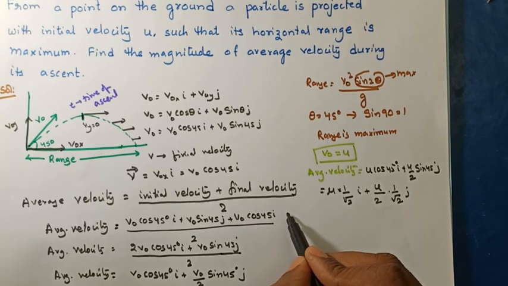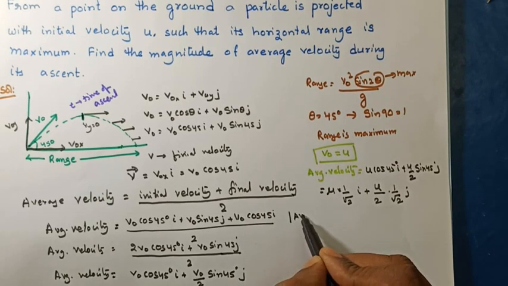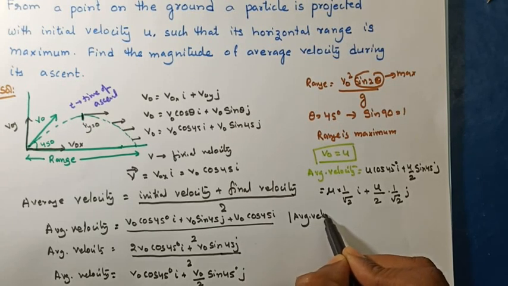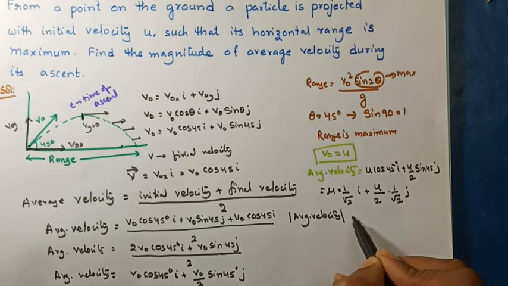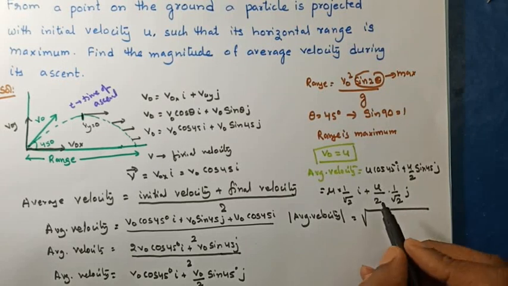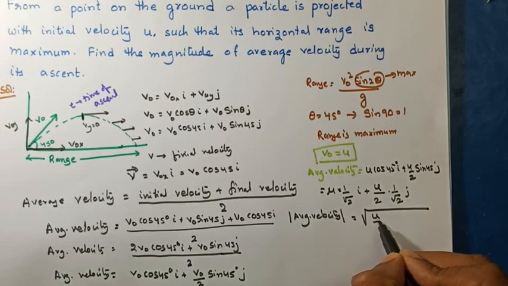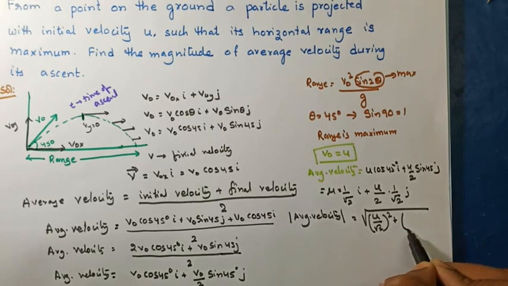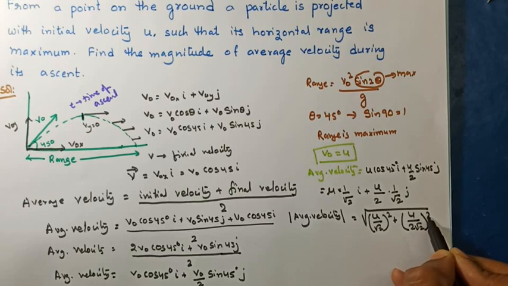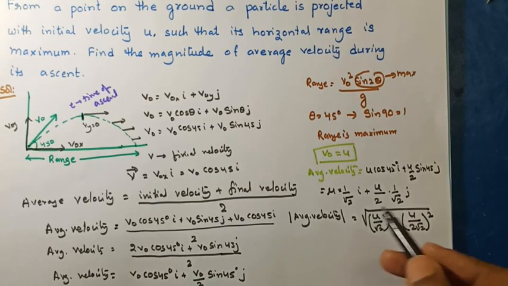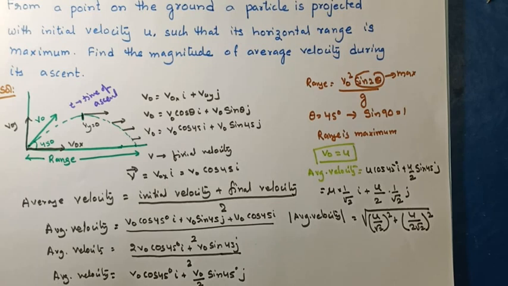How to find the modulus of the average velocity? Simply under root of u by root 2 whole square plus u by 2 root 2 whole square. You know very well how to calculate the magnitude of a vector. It's under root of x component square plus y component square.